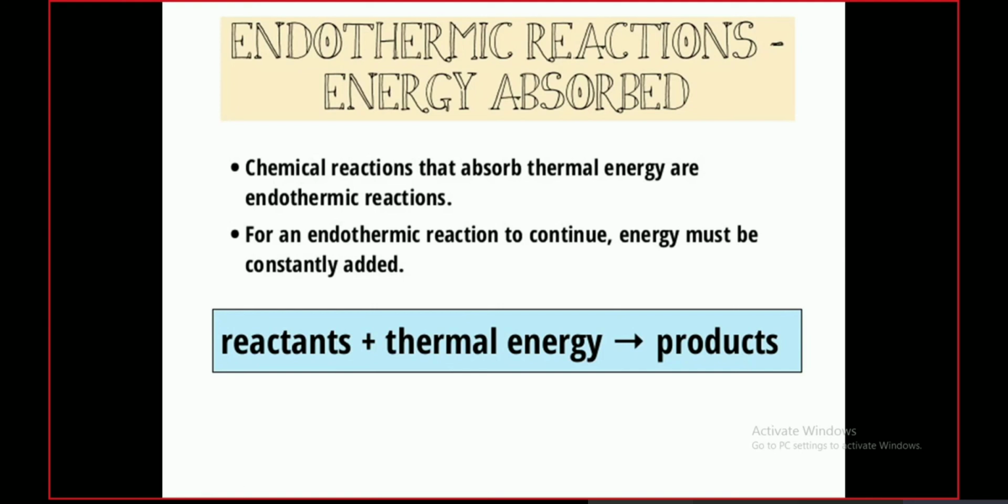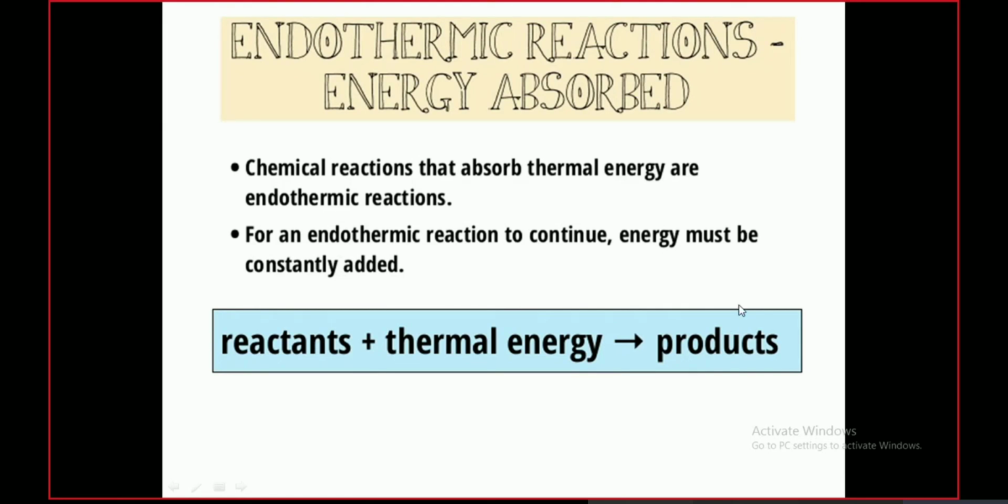Reactants are taking in the heat, energy is absorbed, and then converted to product. So it means the product has more energy than the reactant, because until and unless the reactant absorbs thermal energy, it cannot be converted into product. So products obviously have more energy than the reactant.